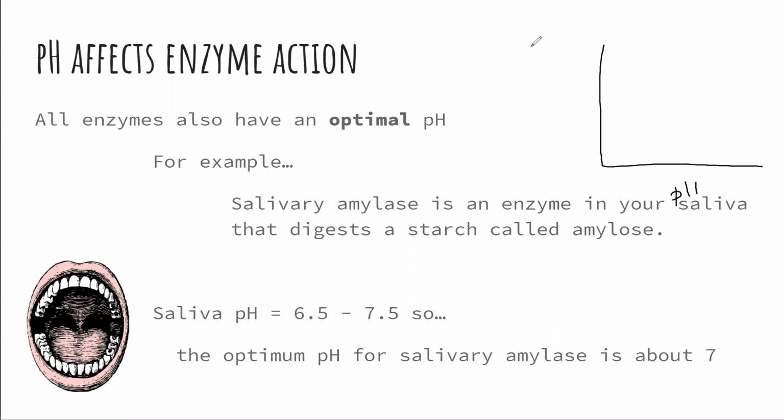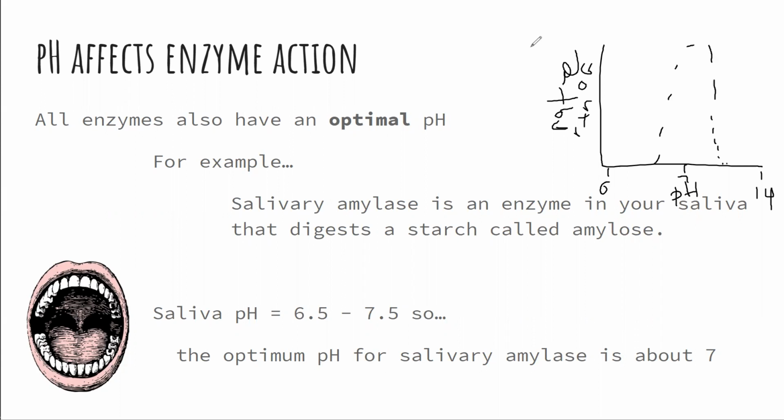We put pH on our x-axis, 0 through 14. And then we put rate of the reaction, and let's say this was 7. This is the graph, and this is what it would look like.